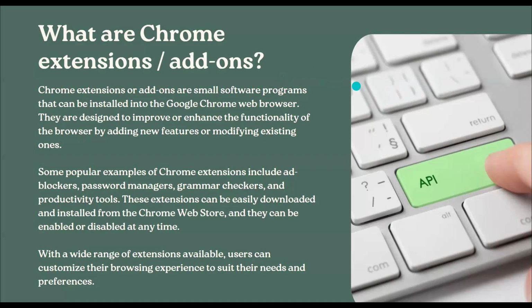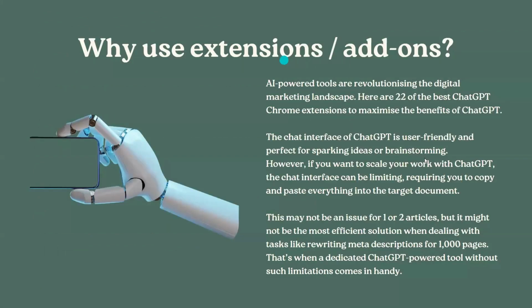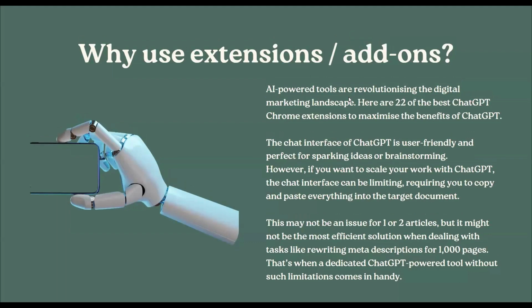Okay, so let's start with talking about why we would use extensions or AI extensions. We're going to talk about a few extensions that are powered by ChatGPT. They use ChatGPT and the OpenAI API that we talked about last week to build these extensions.